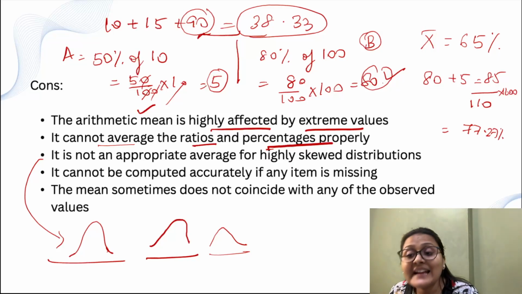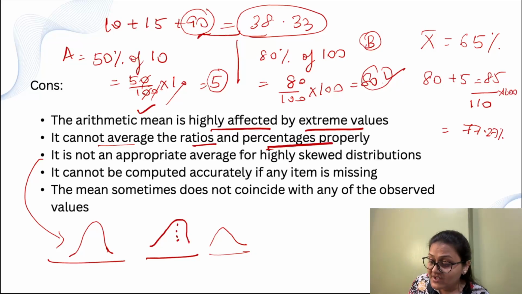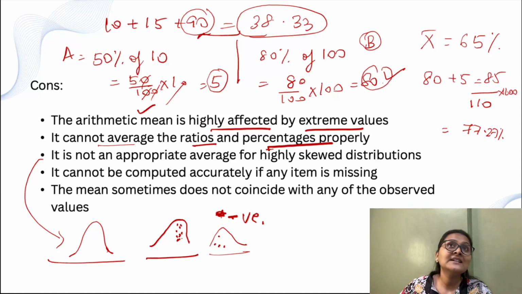So this means that either it has very high or very low values that pull the average in one direction only. So in the positively skewed data, all the averages are going to be gathered on the right side, and in the negatively skewed data, all the averages are going to be gathered towards the left side.